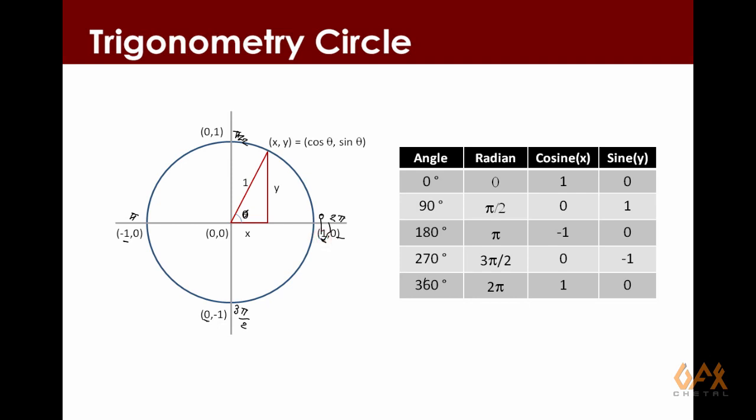In the same way for sine, that is your y, it is 0 at 0 degree, 1 at 90 degree, again 0 at 180 degree, and minus 1 at 270 degree. So this is some basics. What I'm showing you is that the values of cos and sine lie between minus 1 and 1.